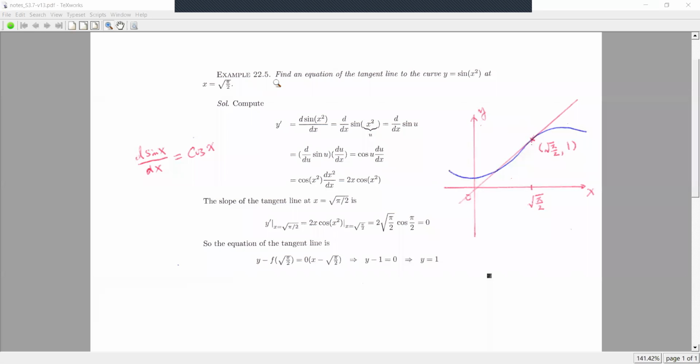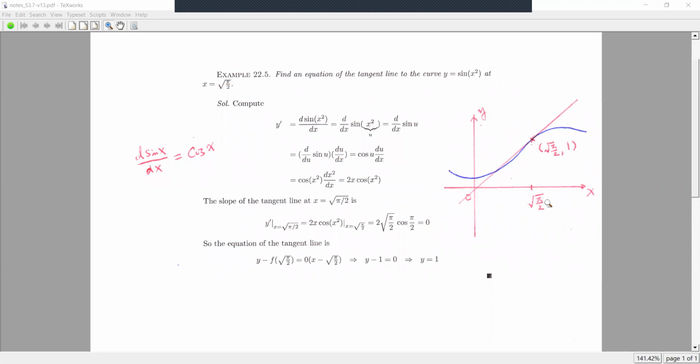Example 5. Find an equation of the tangent line to the graph of this function at this point. To help myself answer the question, I arbitrarily draw a curve and suppose this curve is the graph of this function.